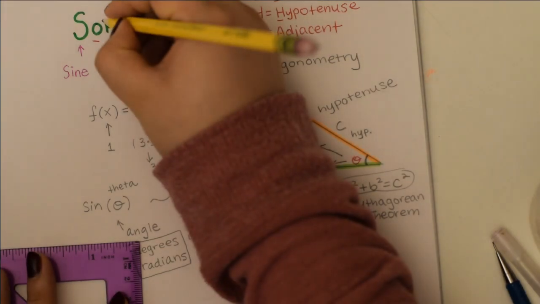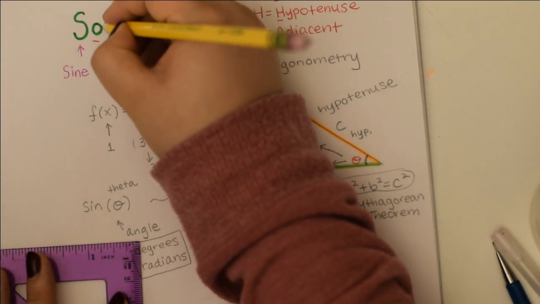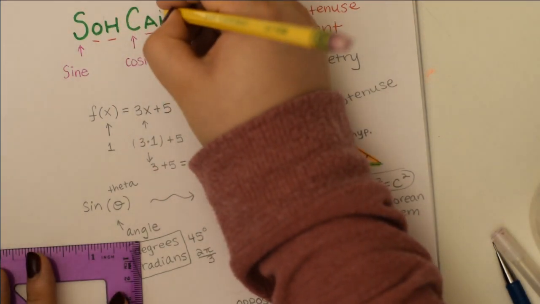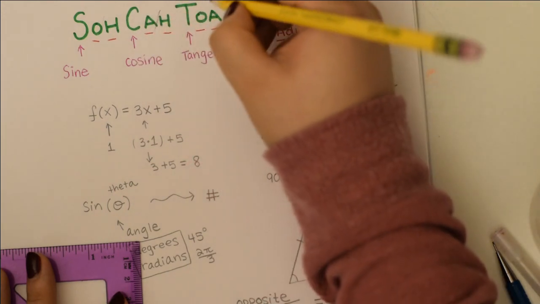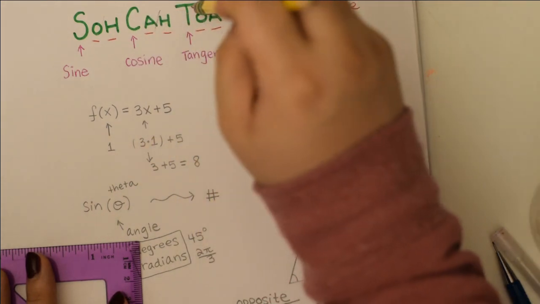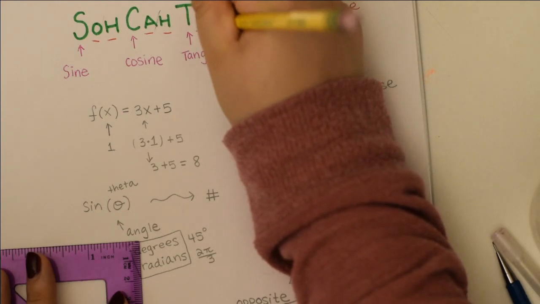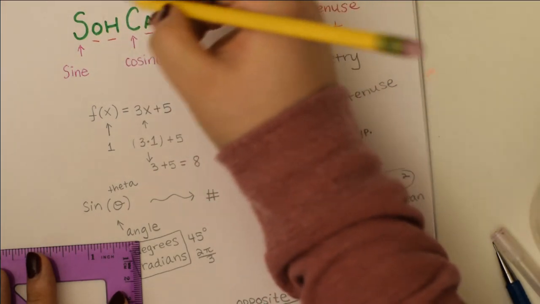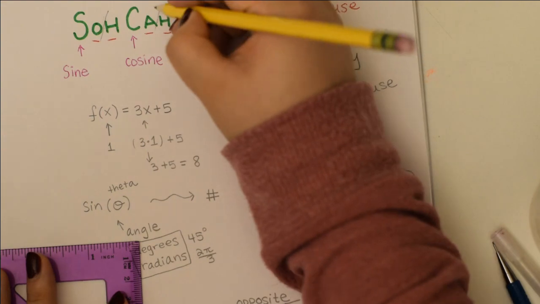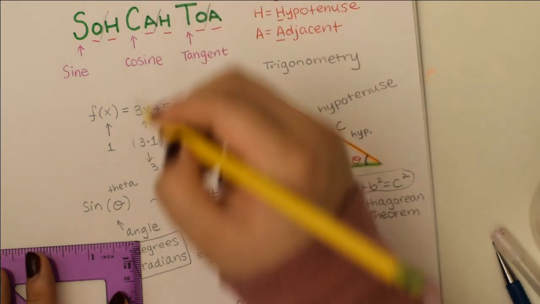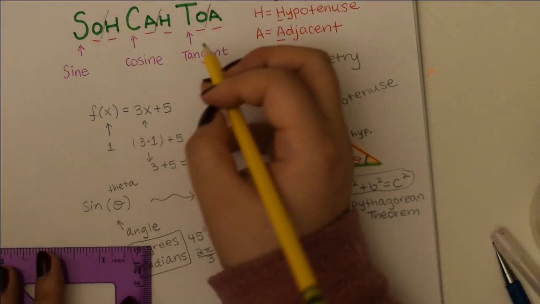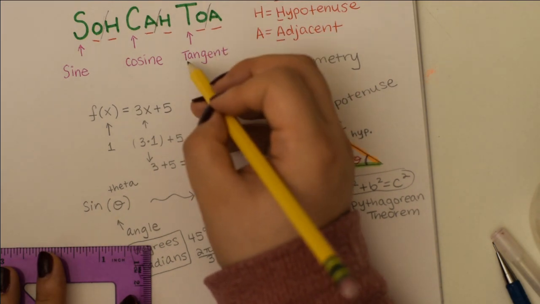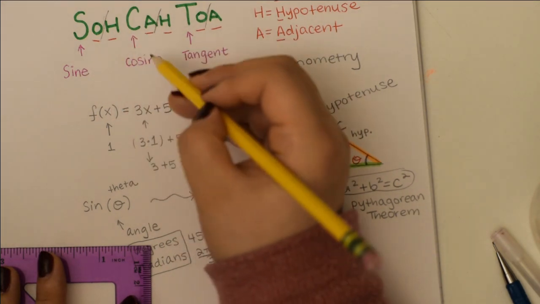So actually there's a secret divide between each of these: opposite over adjacent, or opposite over hypotenuse, or adjacent over hypotenuse. Now, if you've already learned about tangent before, you'll know that tangent is sine over cosine.